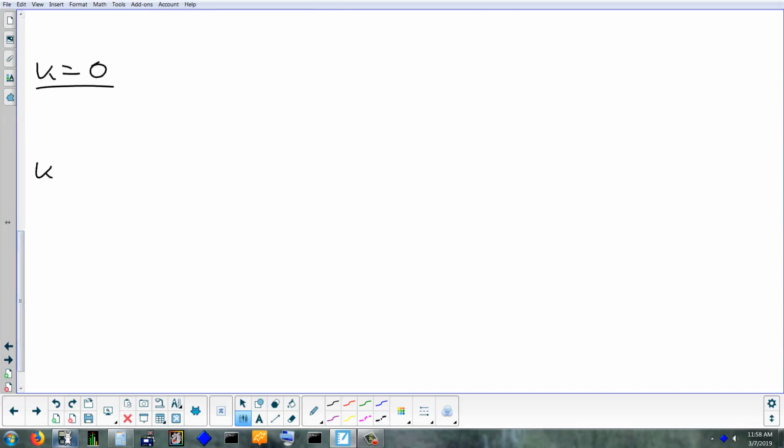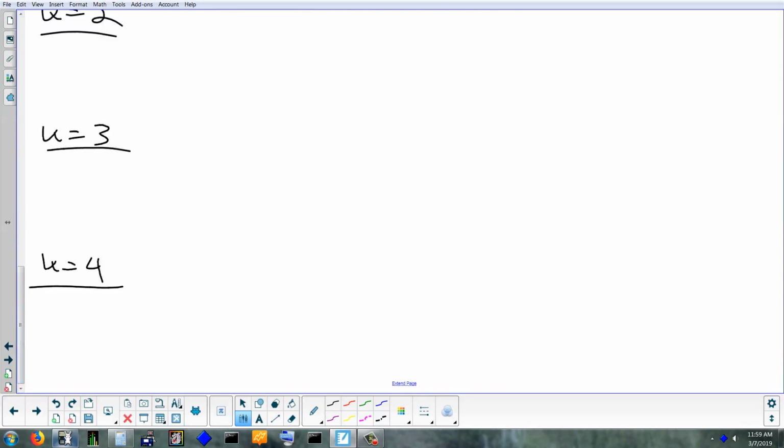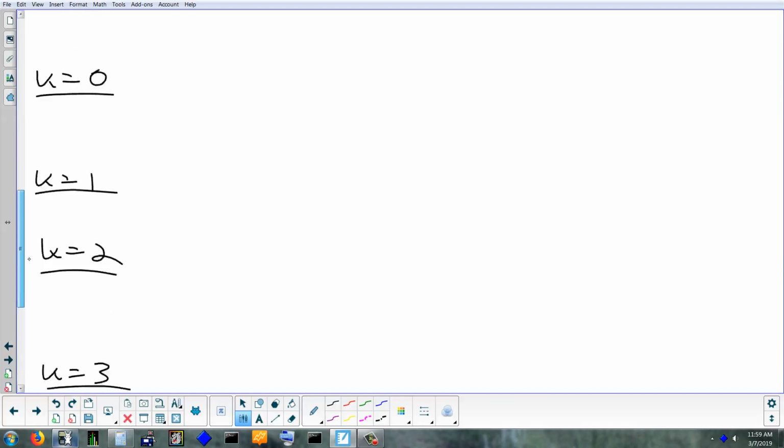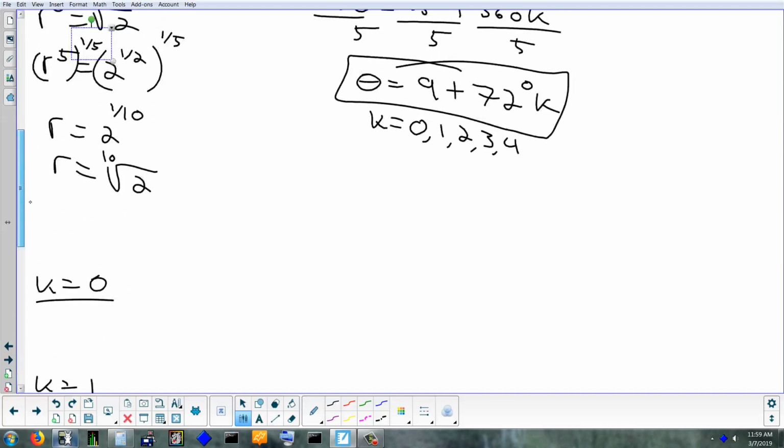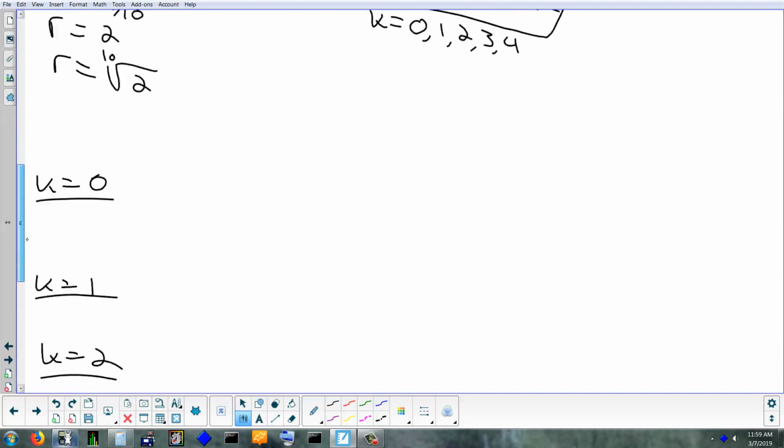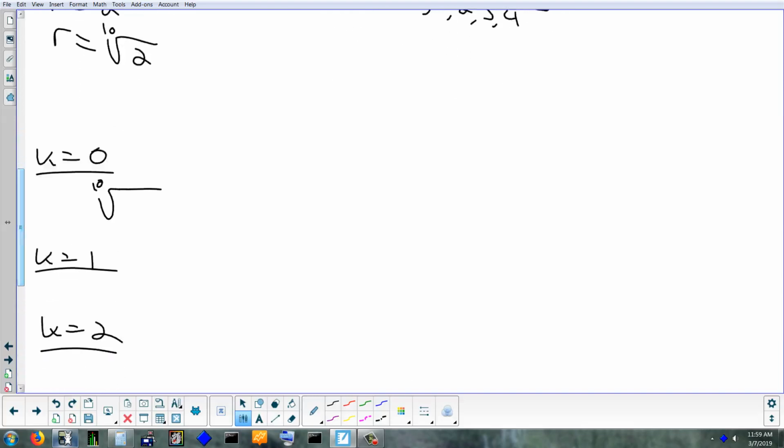All right, so k equals 0, 1, 2, 3, 4. So hopefully you're feeling a little bit better than the first problem, kind of seeing it. It's repetitive. It's the same thing every time. It's just kind of a lot to write. So now we've got to do the 10th root, and what I'm going to do is write it like this.